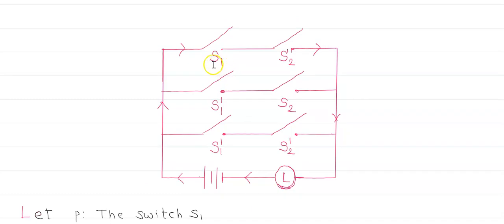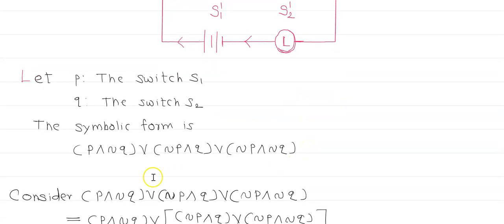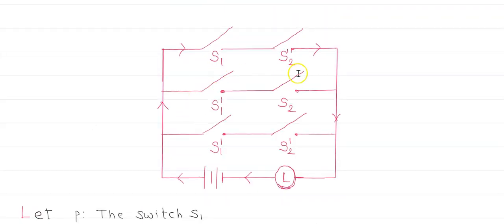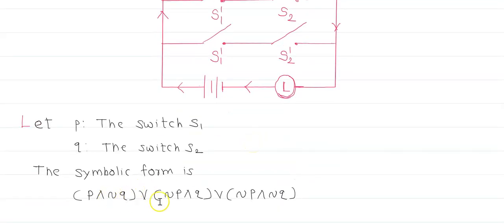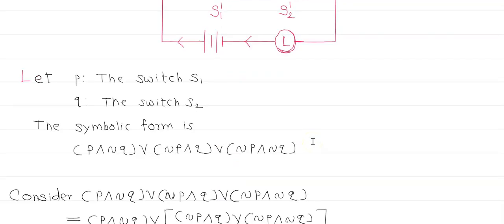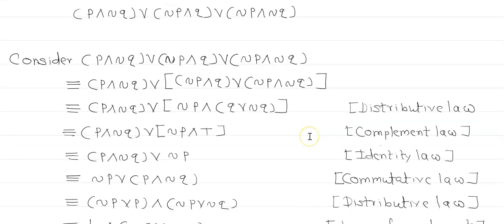That is, P and negation of Q, or negation of P and Q, or negation of P and negation of Q. Now we want to minimize the switches.